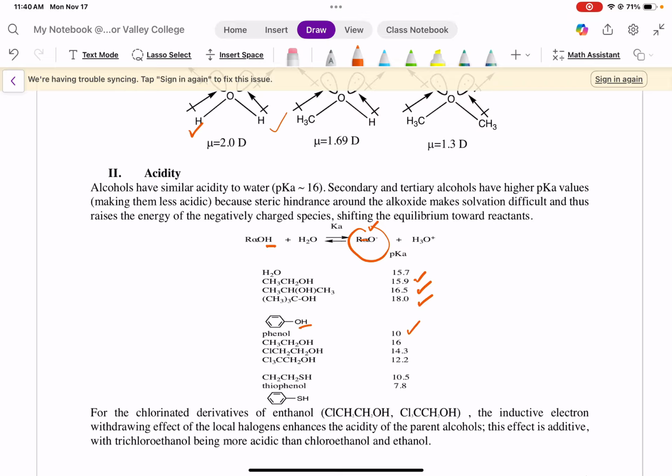Surprise, it's 10. That really stands out. A smaller pKa means more acidic. But that has something to do with the conjugate base, because when phenol gives up the hydrogen, it becomes phenoxide, which is O minus, and that's a very good conjugate base, stabilized by resonance.